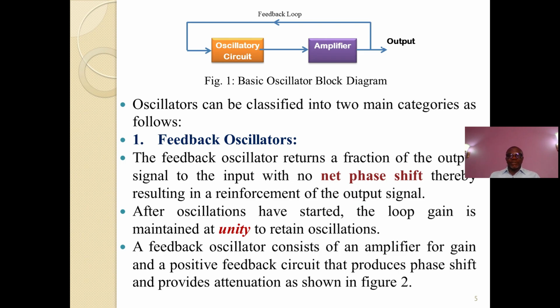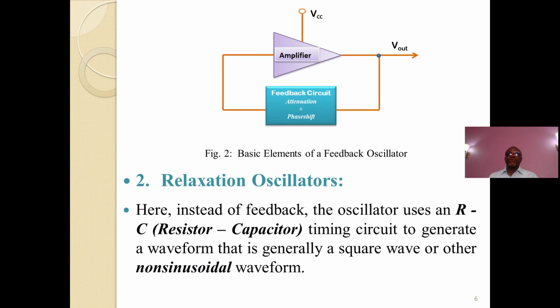Then the oscillation will have to be retained at unity gain. So a feedback oscillator consists of an amplifier for gain, as we've seen in Fig 1, and a positive feedback circuit that produces phase shift and provides attenuation as shown in Fig 2.